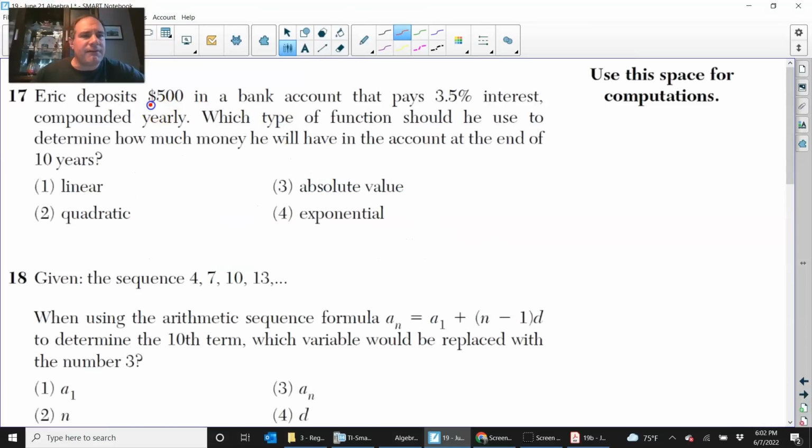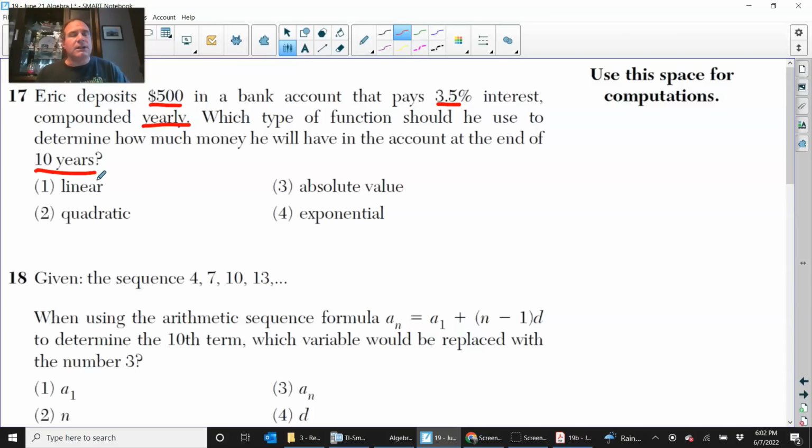Eric deposits $500 in a bank account that pays 3.5% interest compounded yearly. Which type of function could he use to determine how much money he will have in his account at the end of 10 years? So think about it. Is this going to be a constant rate? Linear is the first one that I want to look at all the time.